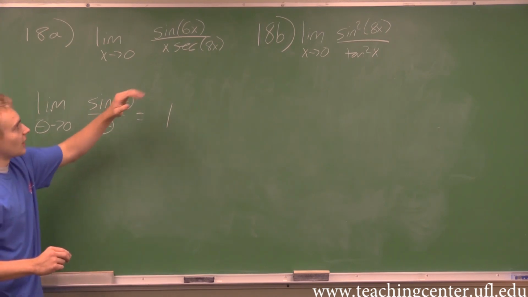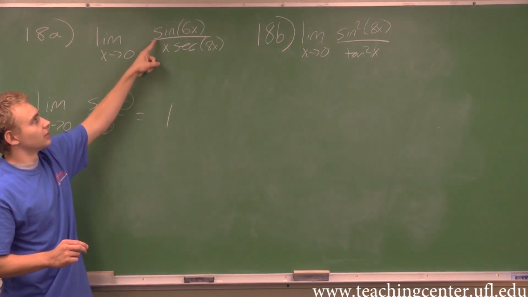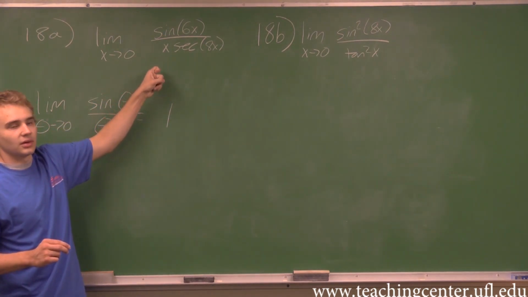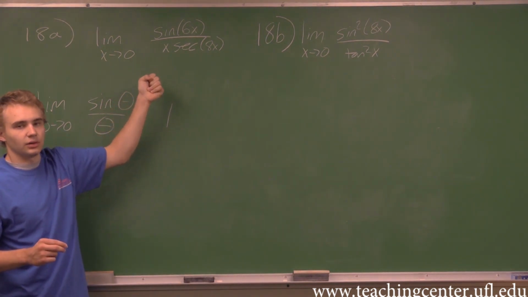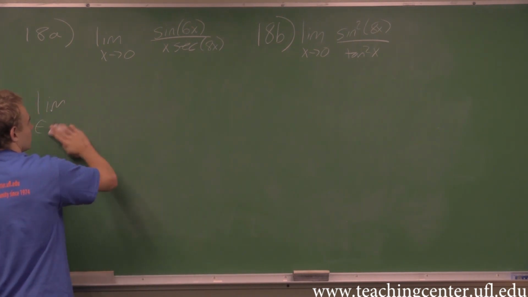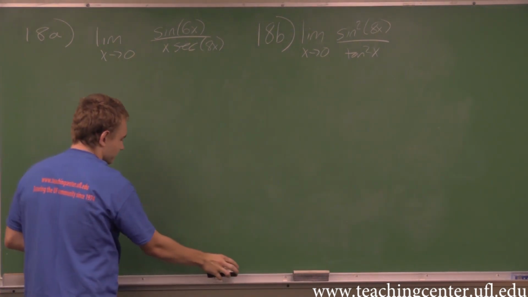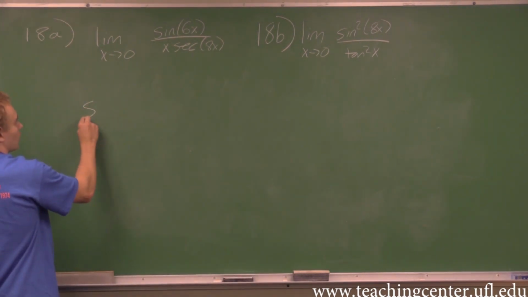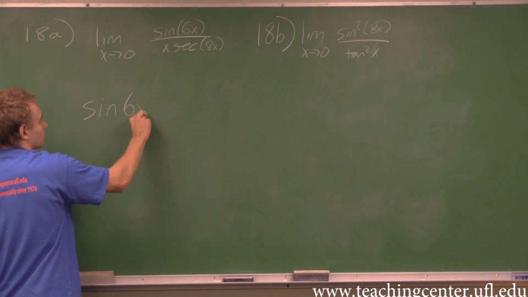Okay, cool. I almost have that between the sine and the x. If that was a 6x, I would. So what I'm going to do is manipulate it to where I have a 6x in the bottom. This is what I want.